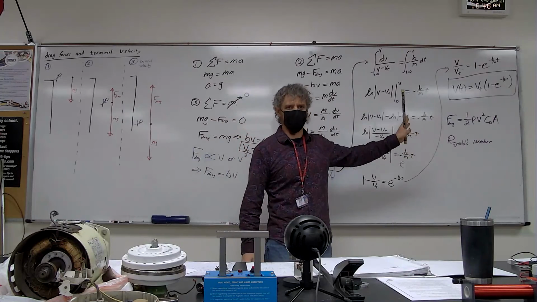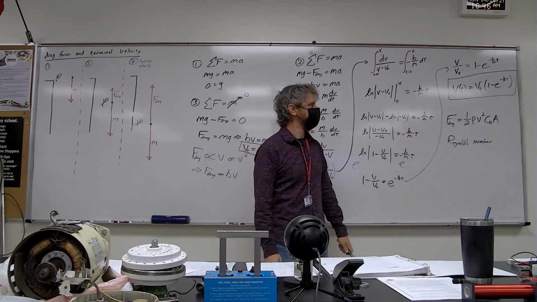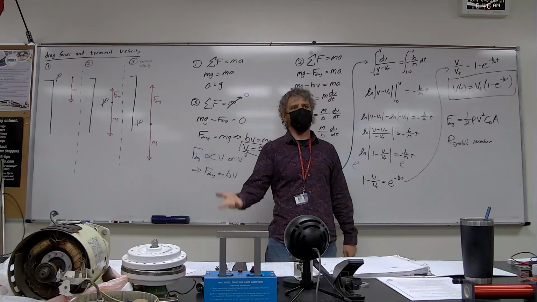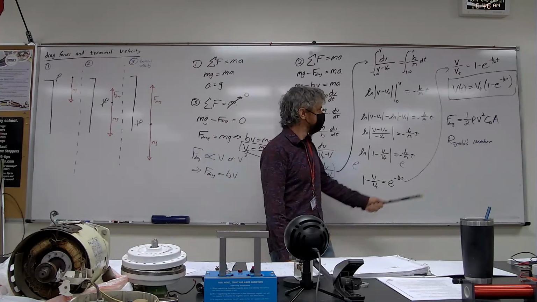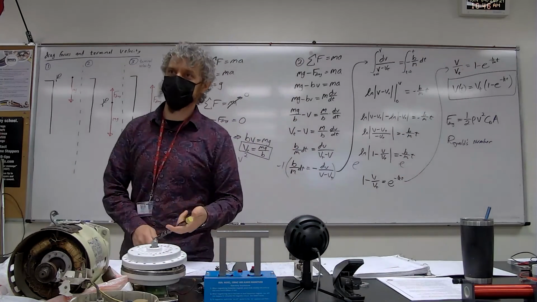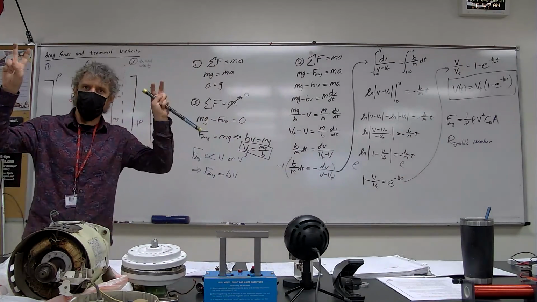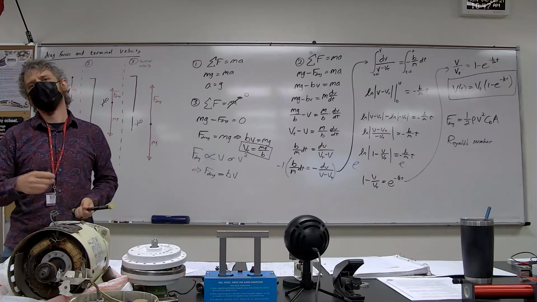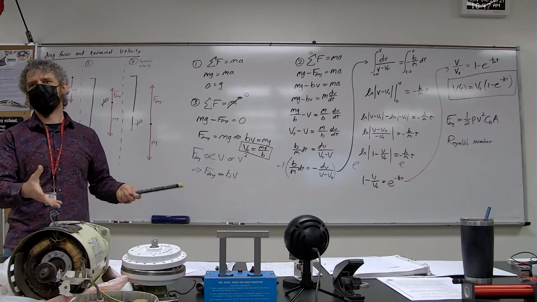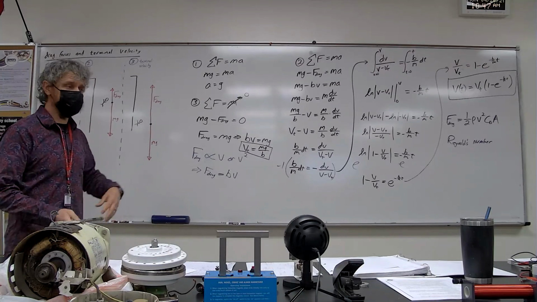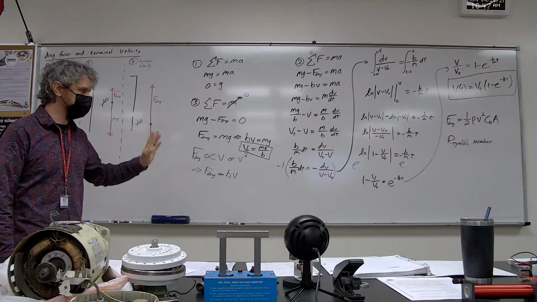Not the same exact, but very similar, I should say. That current grows exponentially until it asymptotically approaches the maximum current. It's very similar to how capacitors charge and discharge, to how inductors "charge" and discharge. I put that in quotes because inductors don't really charge. They just store energy within the magnetic field. So it's very similar. Hopefully this isn't too much.